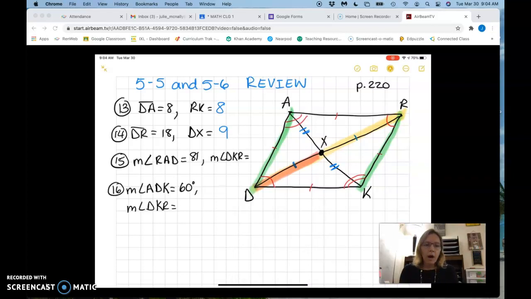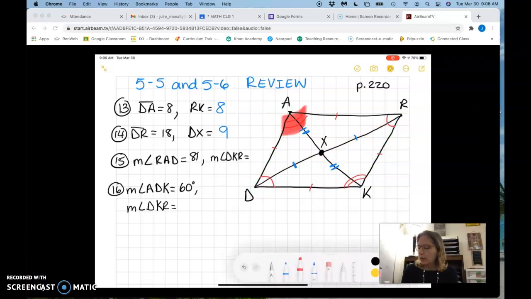The next one, RAD is 81. So how much is DKR? So I'm going to highlight angle DKR. I notice that they are opposite of each other, and we know that opposite angles are congruent.